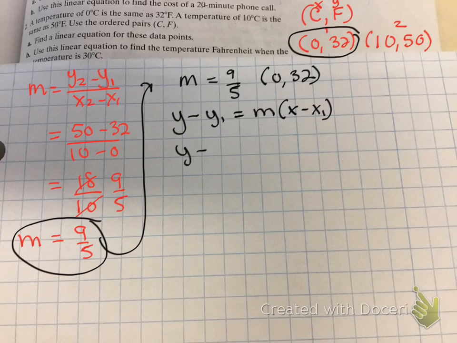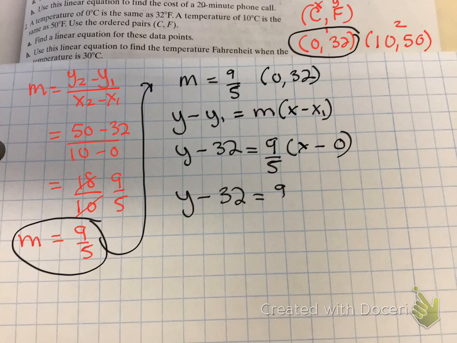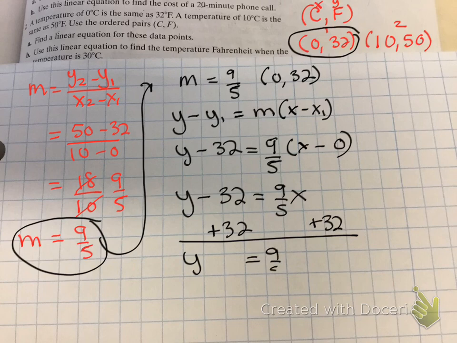I'm doing y minus 32 equals 9/5 times x minus 0. Y minus 32 equals 9/5 x. Are you guys with me? Add 32. Add 32. Y equals 9/5 x plus 32.